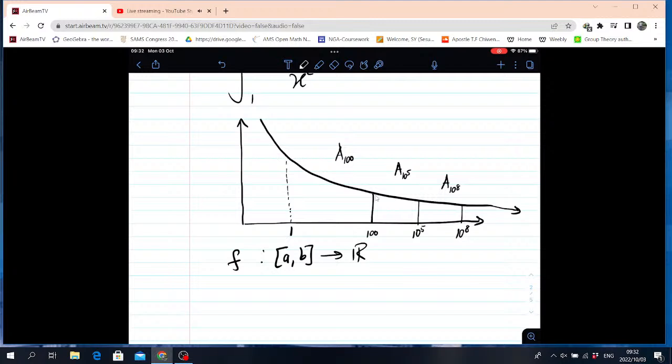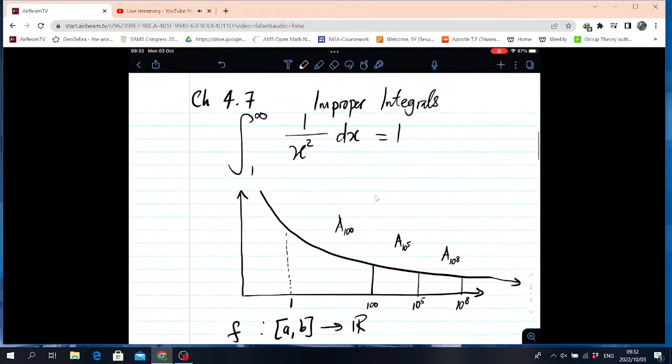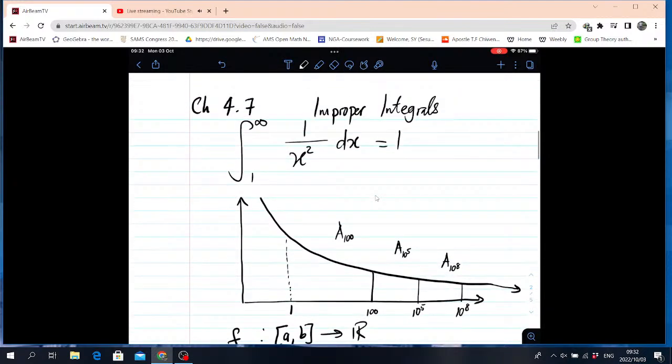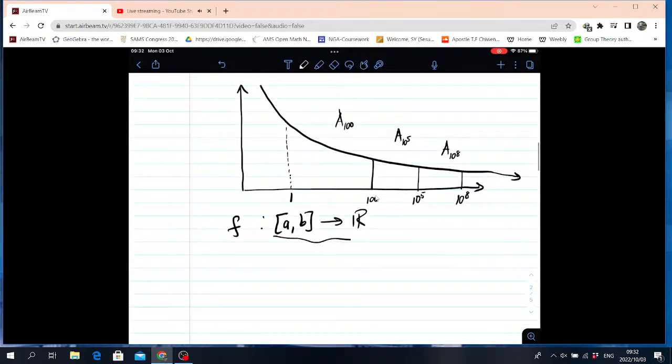And now what we want is to integrate some functions such that instead of having a value there, we've got infinity. And instead of having a closed and bounded function like this, we might have some discontinuities on our function.